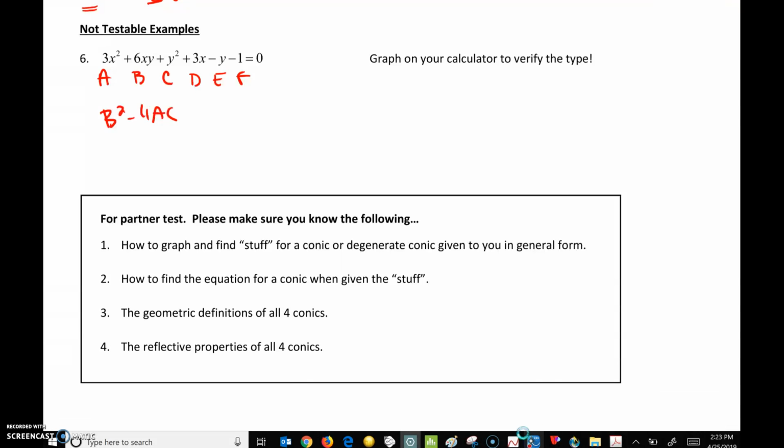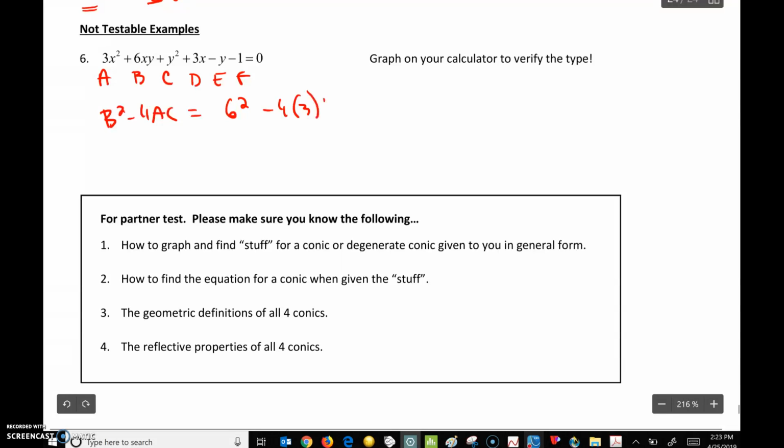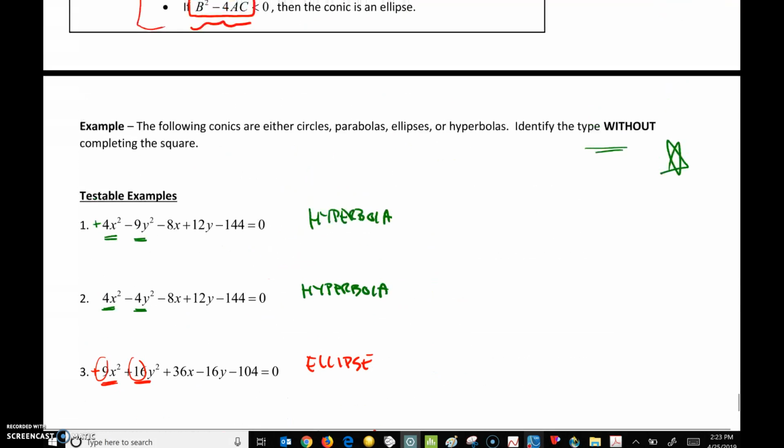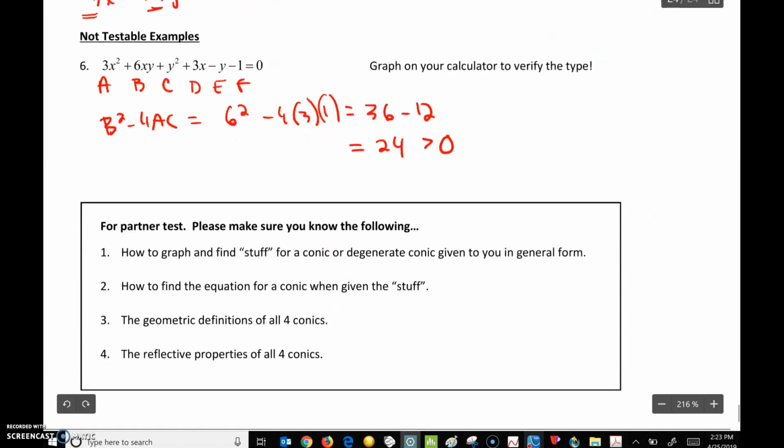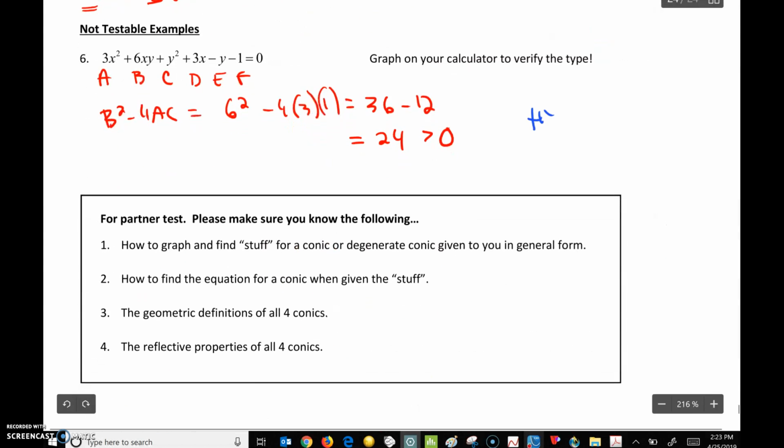So this is equal to 6 squared minus 4 times A times C. That is 36 minus 12. That is 24, and that is definitely greater than 0. So according to this little theorem here that I really didn't prove or justify in any way, if it's greater than 0, it should be a hyperbola. So according to that, it's a hyperbola.